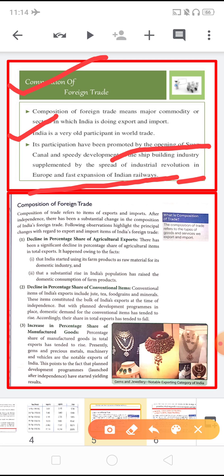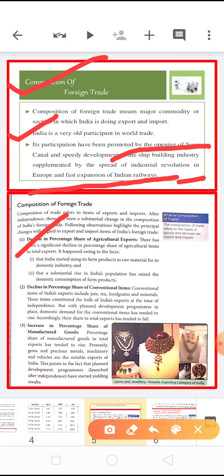The first one is decline in percentage share of agricultural products. Children, there has been a significant decline in the percentage share of agriculture items in total exports. It happens owing to the fact that now India has started using the farm products as raw material for domestic industry. I mean, previously, whatever farm products we had, we were going to export to foreign countries. Now the same we are using only for the production of our domestic industries.